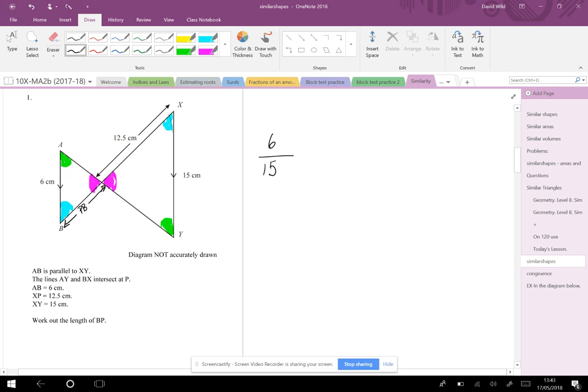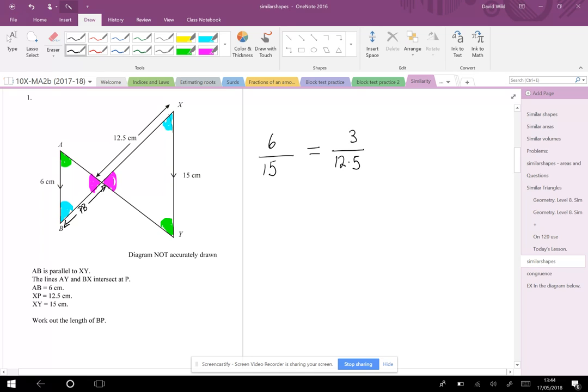So 6/15ths, and that's small divided by big, equals, now we're looking for small divided by big again. So we've got these two lengths that are corresponding, because this is between the blue and pink, and this is between the blue and the pink. So small, that's the one that we're trying to find, divided by large, 12.5.